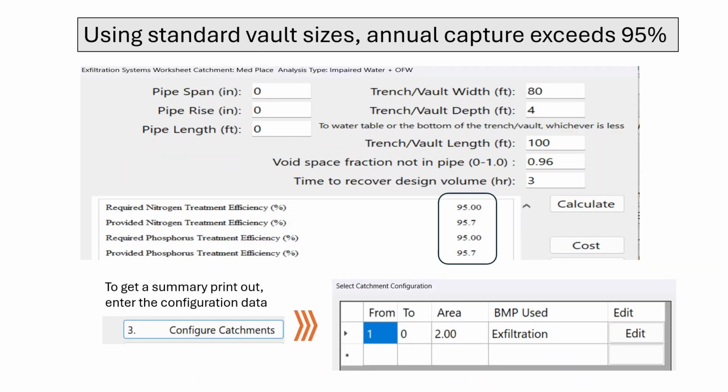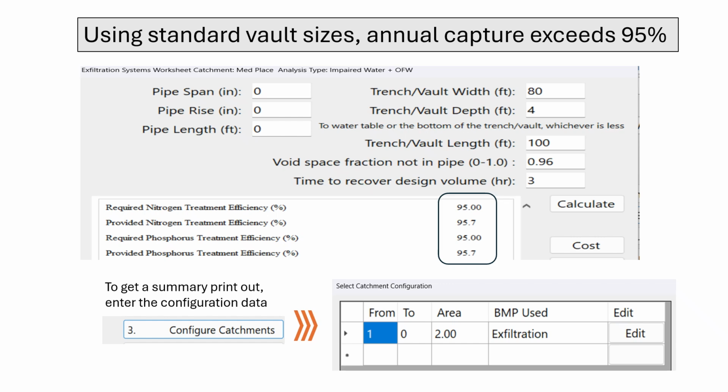When we utilize standard vault sizes for our system, we've found that the annual capture consistently exceeds 95%. Specifically, we're talking about a vault that measures 100 feet by 80 feet wide and 4 feet deep. These are standard dimensions offered by the manufacturer, and they come with a significant void space of 96%.